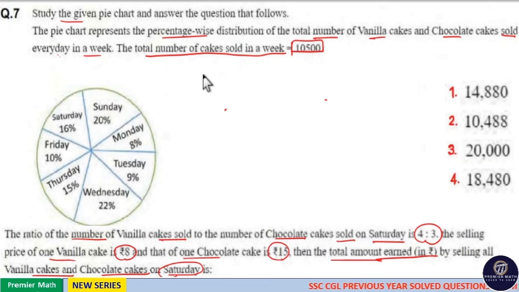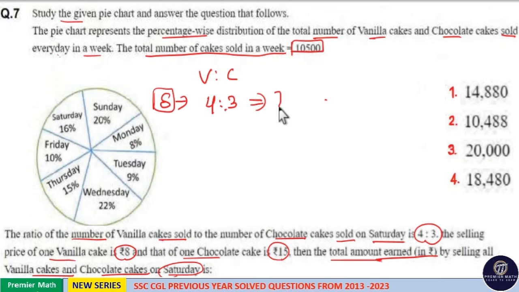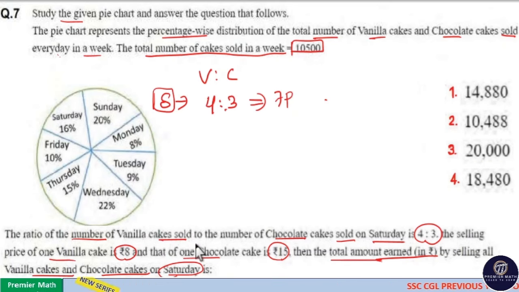Here, the number of vanilla cakes and chocolate cakes sold on Saturday is in the ratio 4:3. So these are the numbers, which means the total number of vanilla and chocolate cakes sold on Saturday is 4 plus 3, 7 part. The price of one vanilla cake is 8, so the price of 4 part vanilla cake is 4 into 8, 32 part.